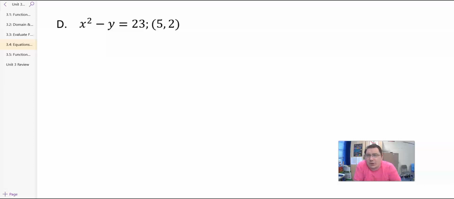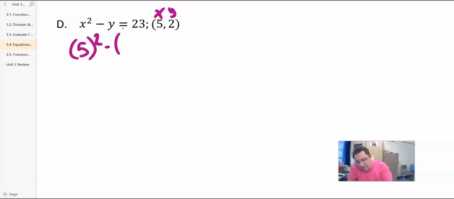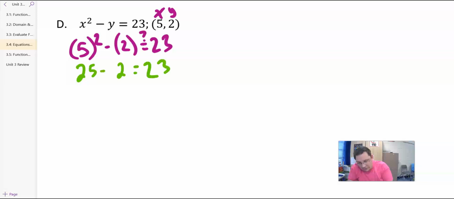All right, so in x squared minus y equals 23, let's see if you got this right. Remember that the 5 is our x, the 2 is our y. And so substituting in, we get 5 squared minus 2. Is that equal to 23? Well, 5 squared is 25, minus 2, 25 minus 2 is 23.